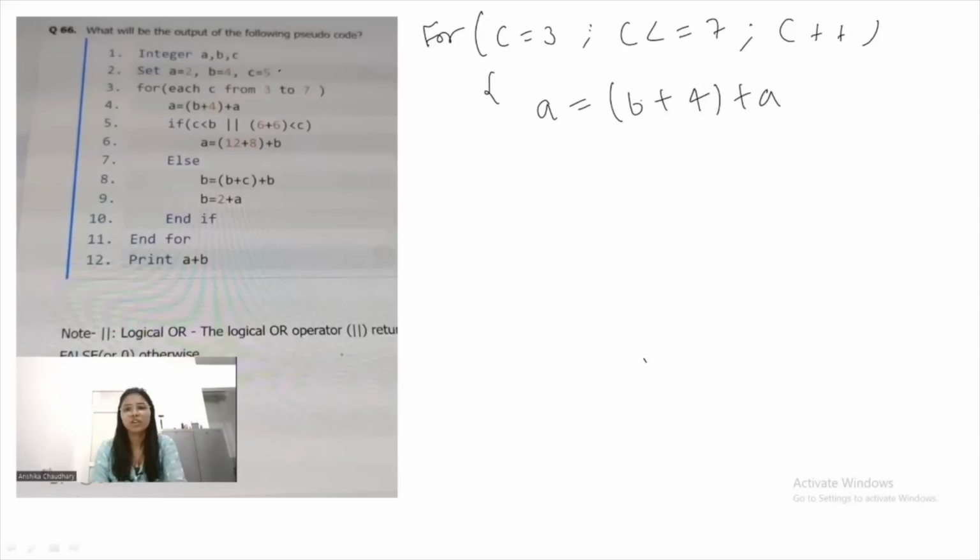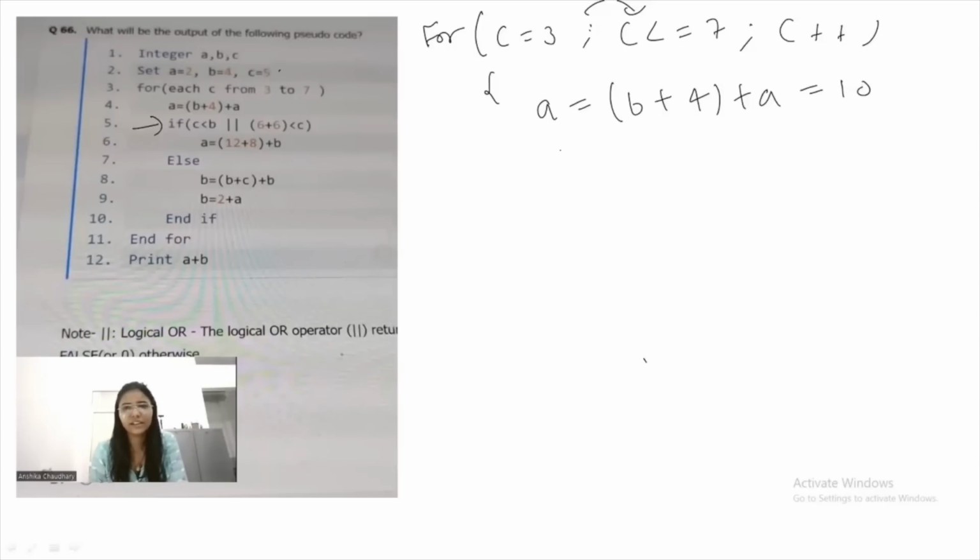First of all, we will check the condition here. 3 is less than or equal to 7, so the condition is true. We will come into the for loop and update the value of a by b plus 4. The b value was 4 only, so 4 plus 4 will become 8. 8 plus a value was 2, so 8 plus 2 will become 10. So from here, a value is 10.